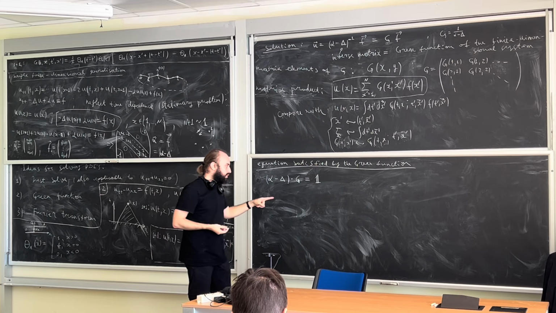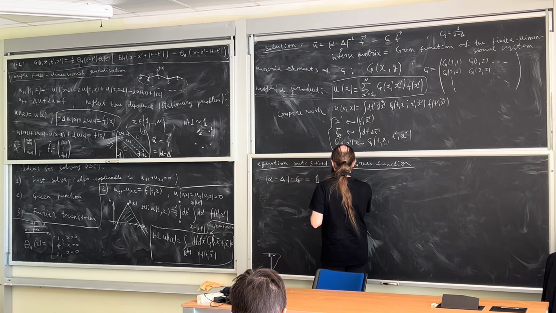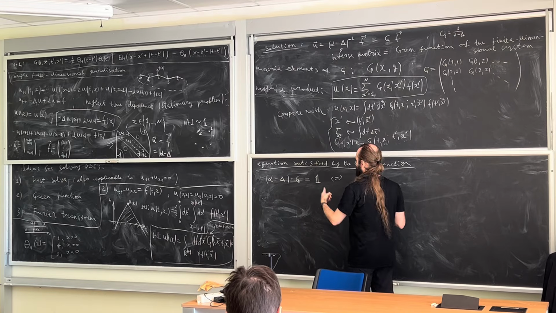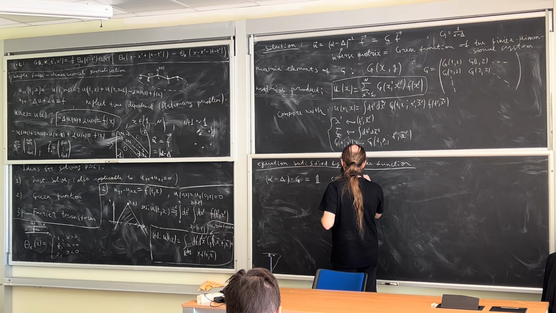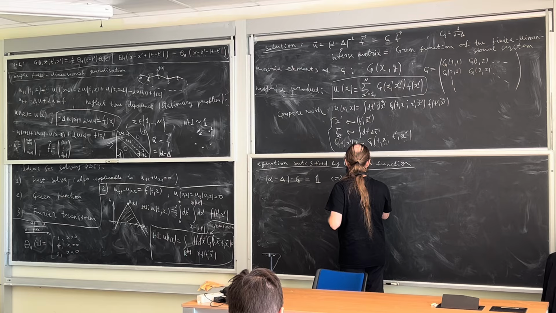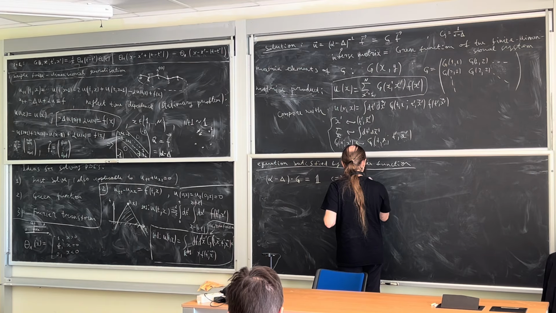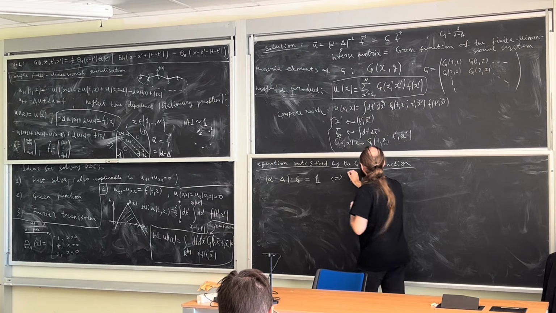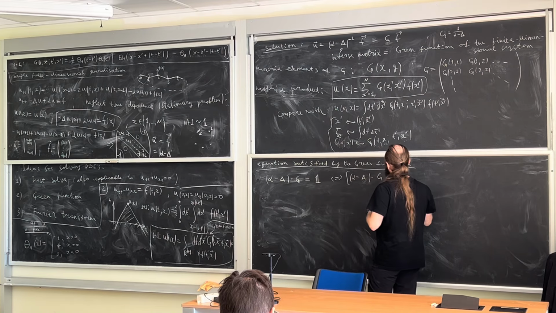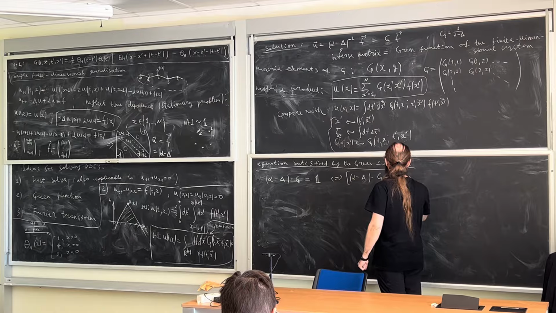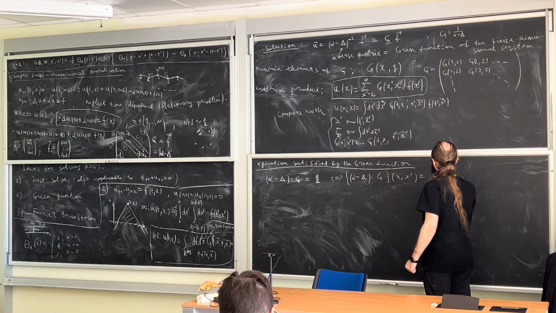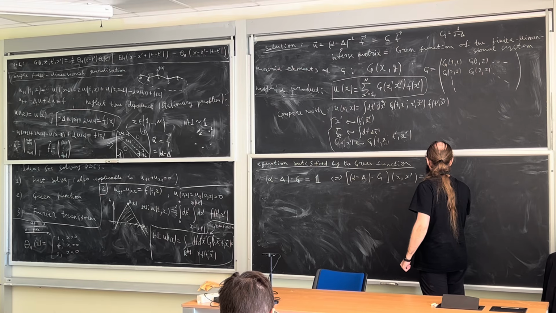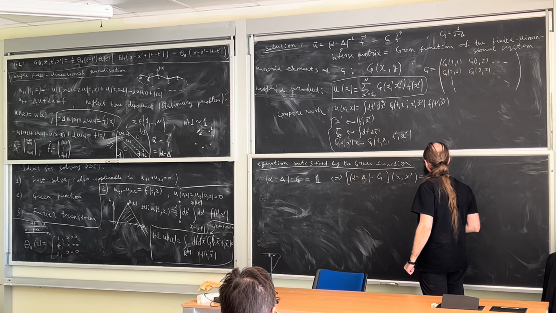Or in other words, it is the same as to say that alpha minus Laplacian acting on G, if you take matrix elements x and x prime, equals delta Kronecker of x, comma x prime.